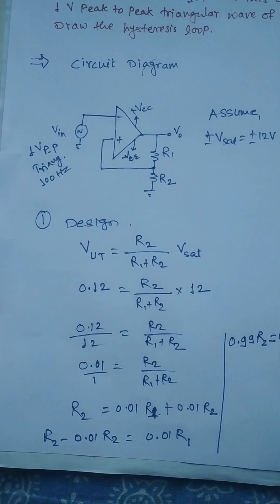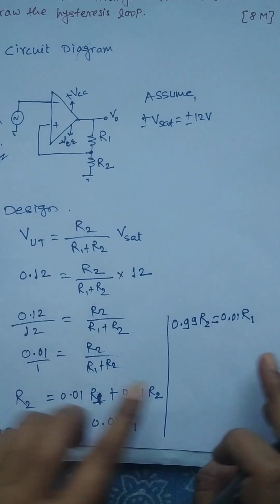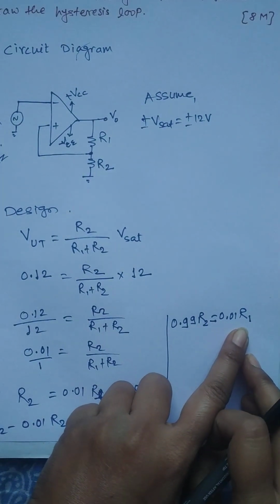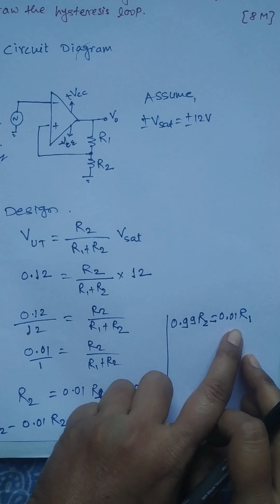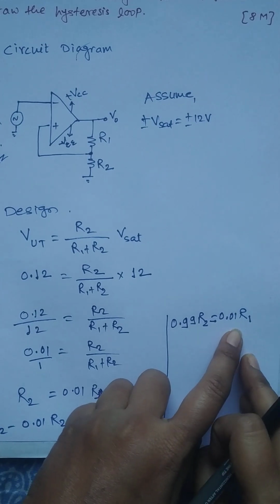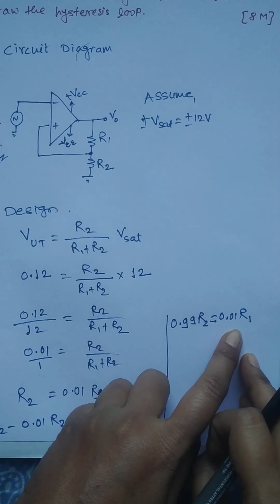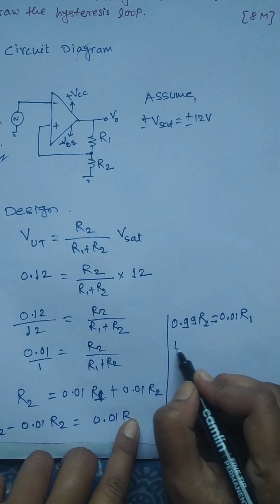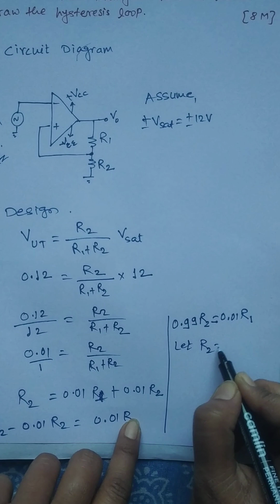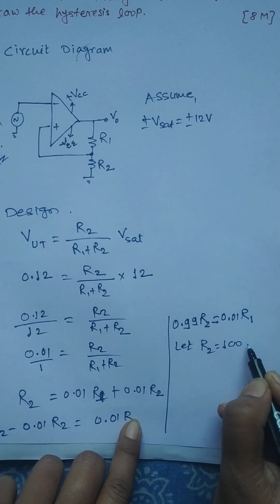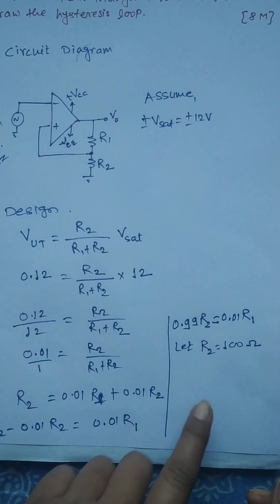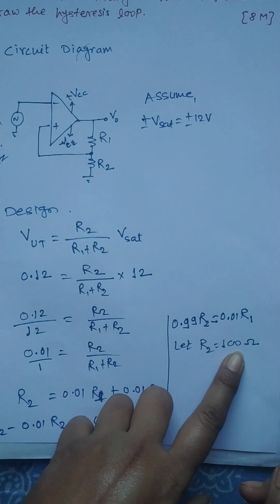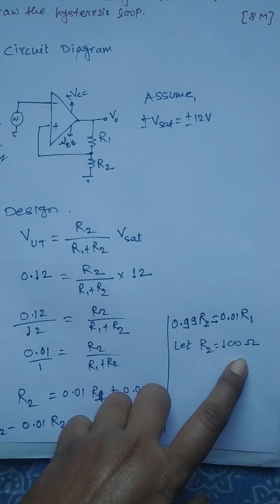Now both the terms we don't know, R2 and R1. So while designing, remember that you can assume any one resistance value, then you can find out the other. Okay. So let us take R2 equal to 100 ohm. You can take any value, but for simplicity of calculation, you can take 100 ohm or 1 kilo ohm or 10 kilo ohm.